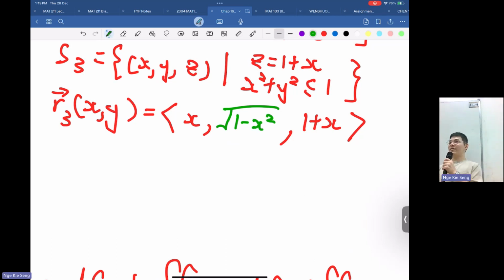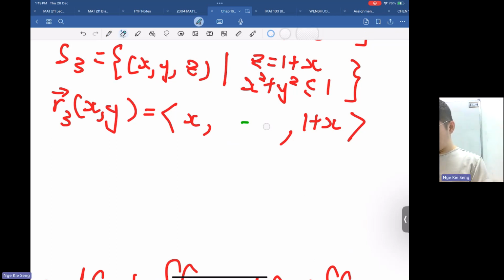Then you make everything into 1 variable and it becomes a line. Fair enough, this is a line. But you need 2 variables, so you need to move in the other direction. You need to make your y free.